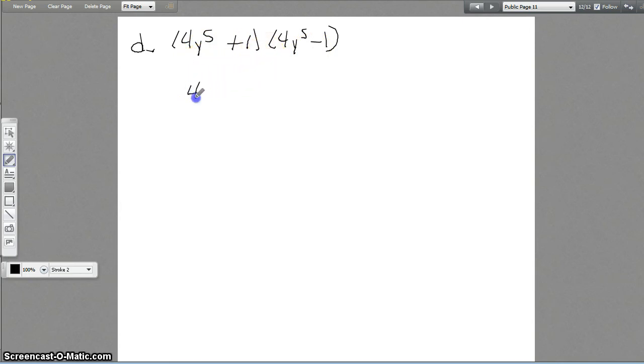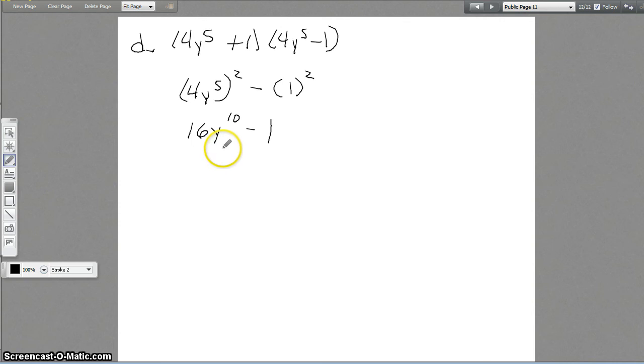The first term is 4y to the 5th, so we square that, and subtract the last term squared. 4 squared is 16. y to the 5th squared is y to the 10th. 1 squared is still just 1. So 16y to the 10th minus 1, which is already in descending powers.